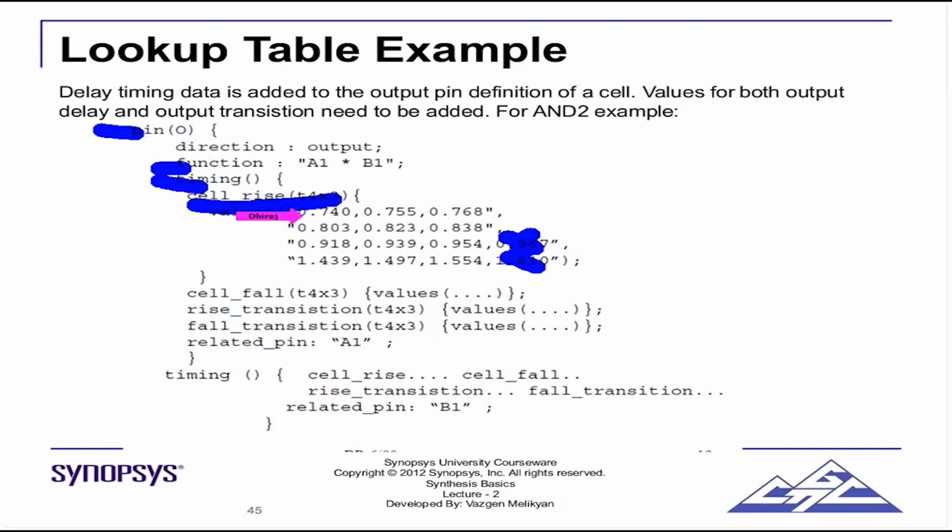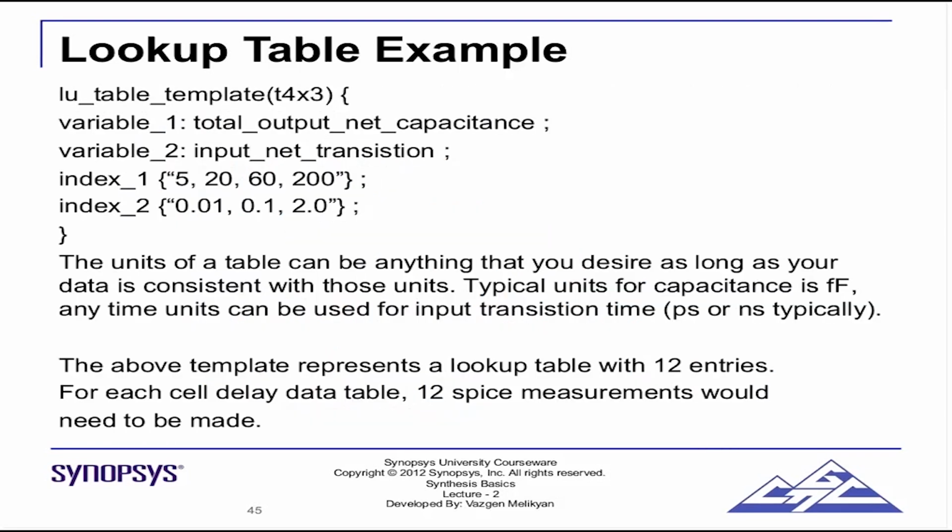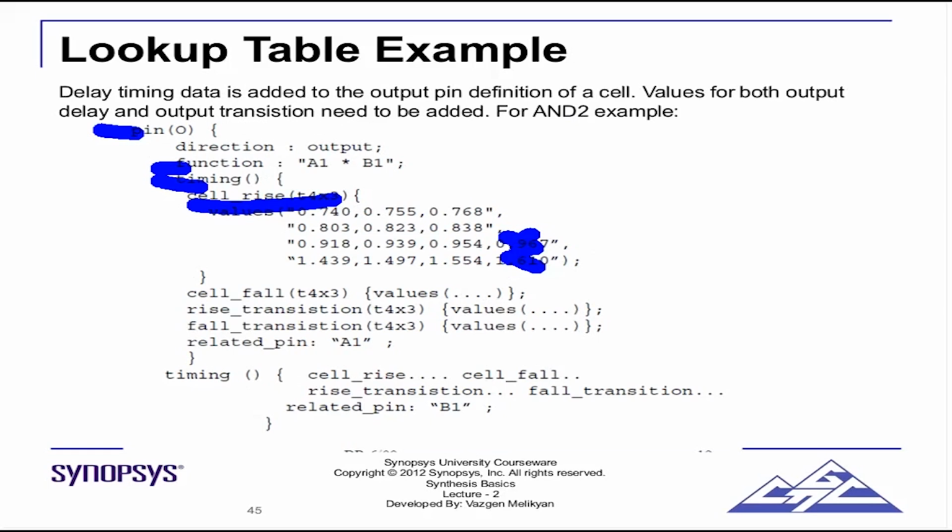So this is the direction. Again, at the output net cap of 5 and the transition point 1, the output pin O has a cell rise of 0.75.